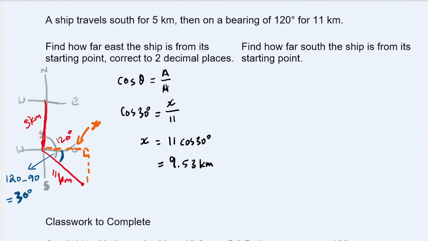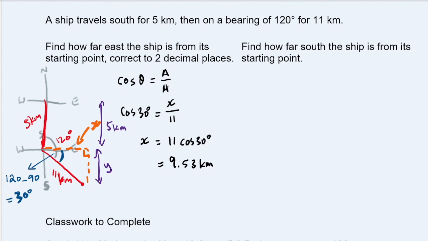Our next problem is how far south is the ship from its starting point. So we want to add this bit here, which is y, to this bit here, which is 5 kilometers. We need to add those two together, but we need to find y first. So using the same hypotenuse of 11 and the same angle of 30, we now have the opposite side.